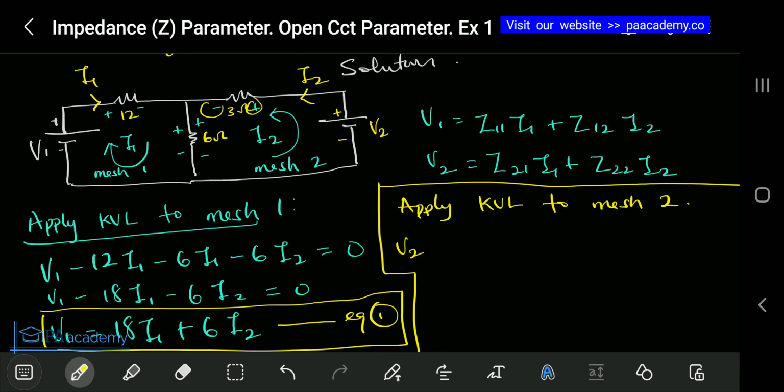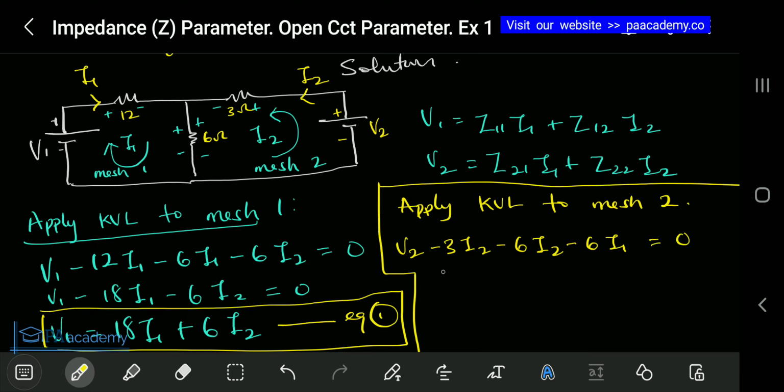From positive to negative, that would be minus 3 I2, and from positive to negative for the 6 ohms, that will be minus 6 I2, also positive to negative due to I1 current. So that will be minus 6 I1, and I think that's all, equals to 0.